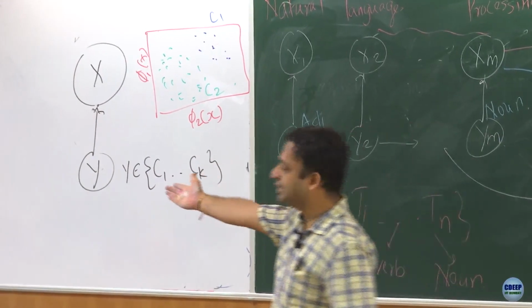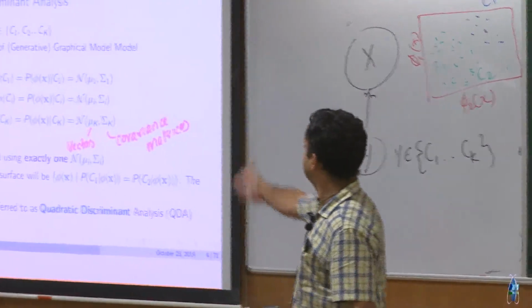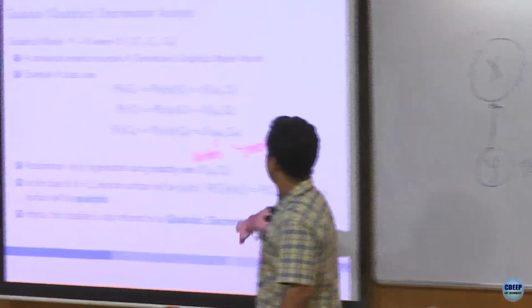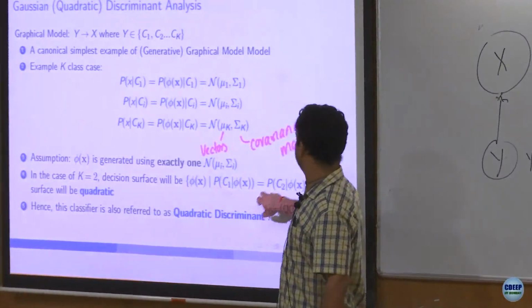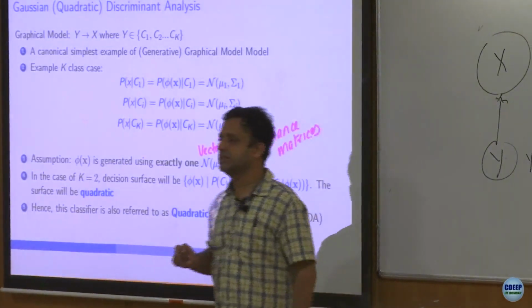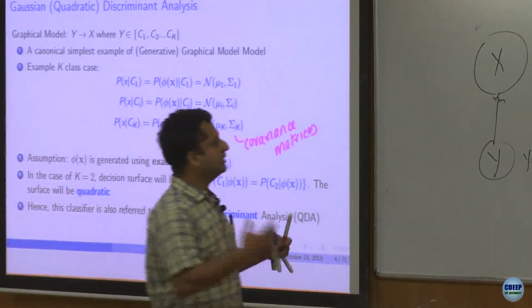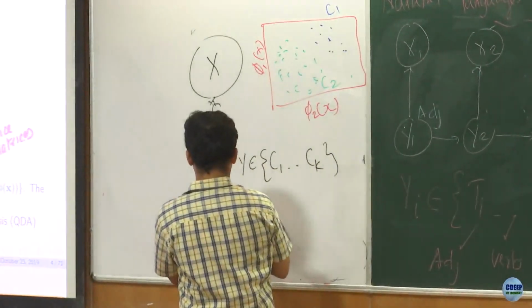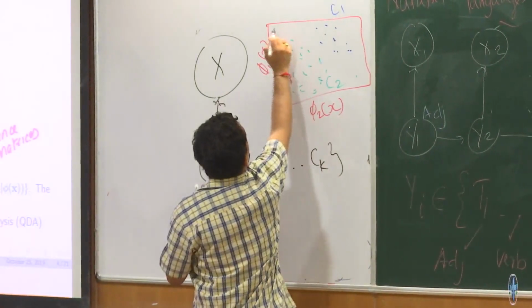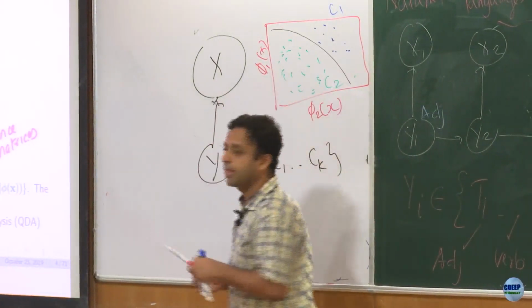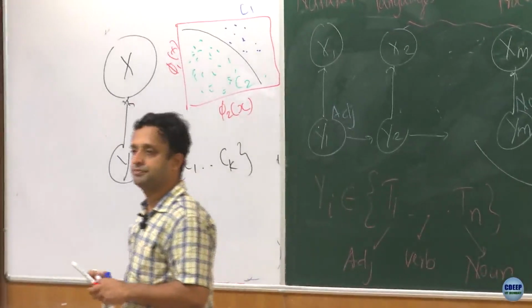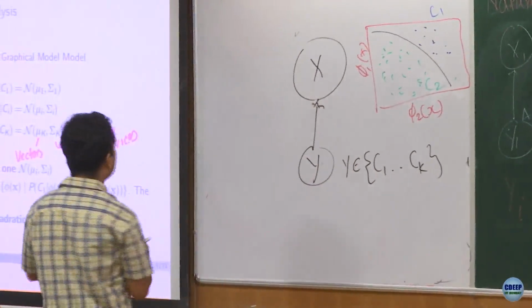I have said it is quadratic, but then you can try and write down the expression. The expression is probability of C1 given phi x equals probability of C2 given phi x, let us say for the 2 class case, and the claim is that the separator will not be linear, it will be elliptical.